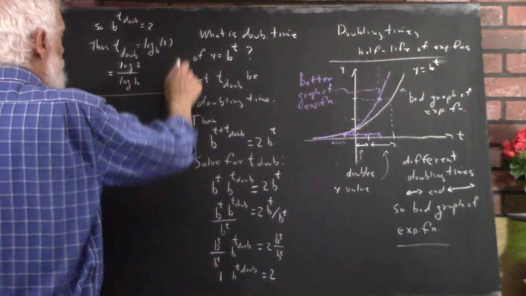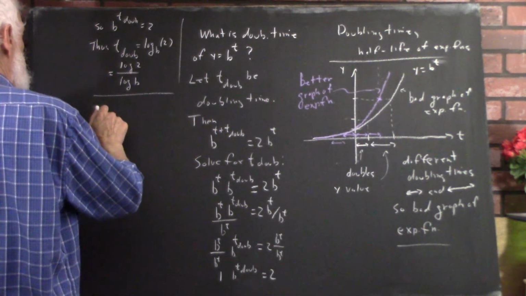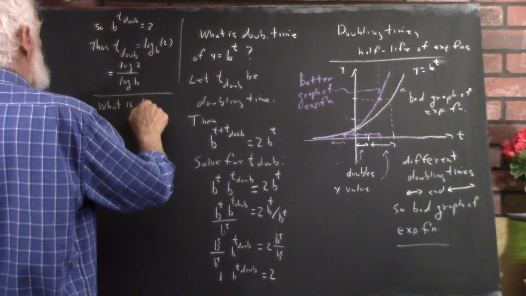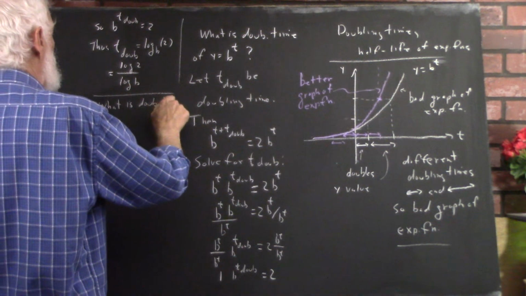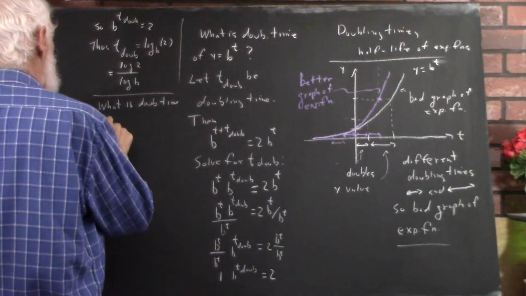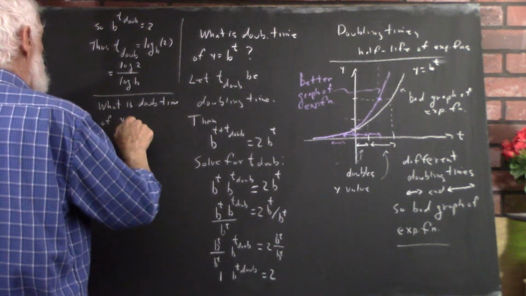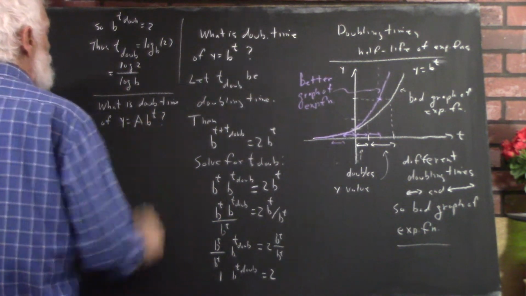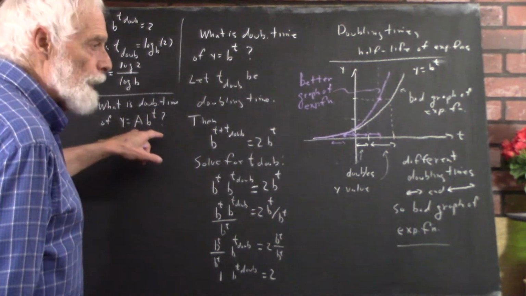Now let's just be clear about something. What then is the doubling time of y equals a b to the t?